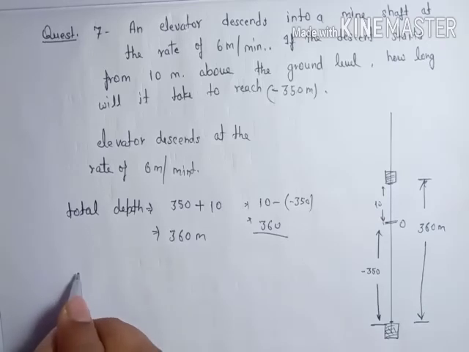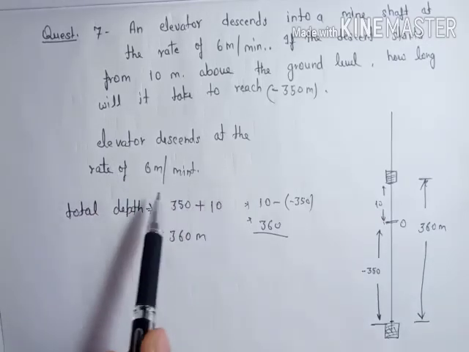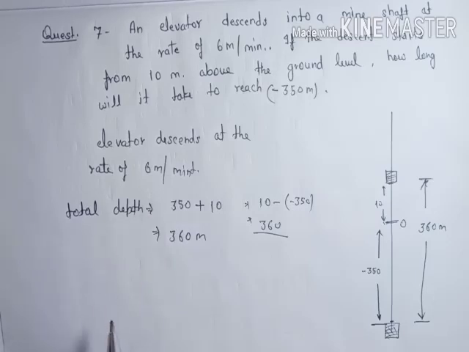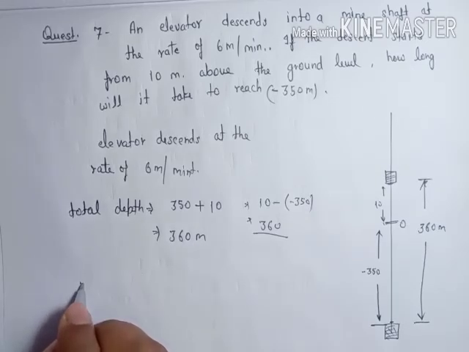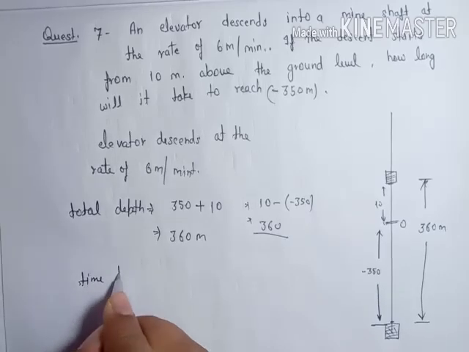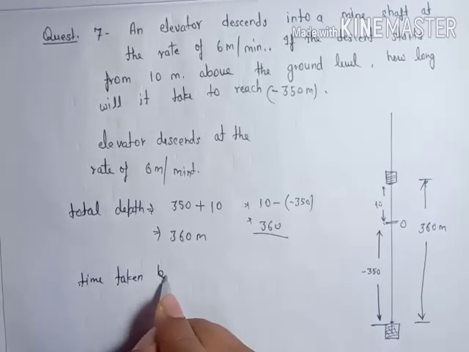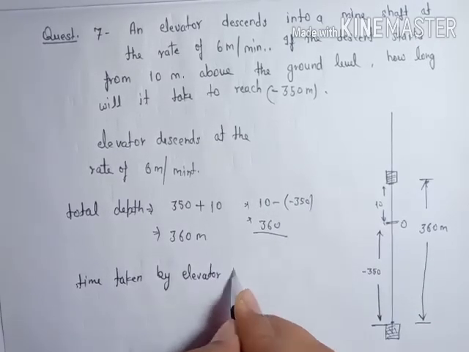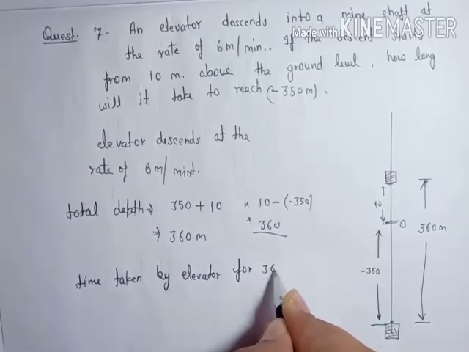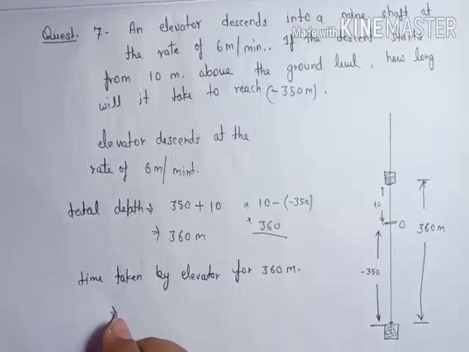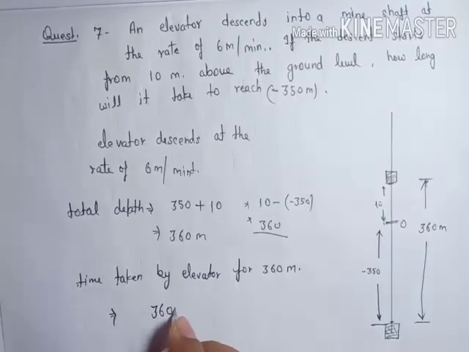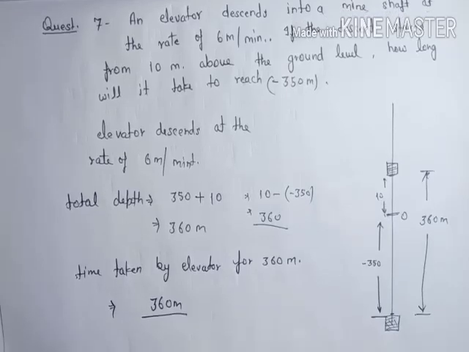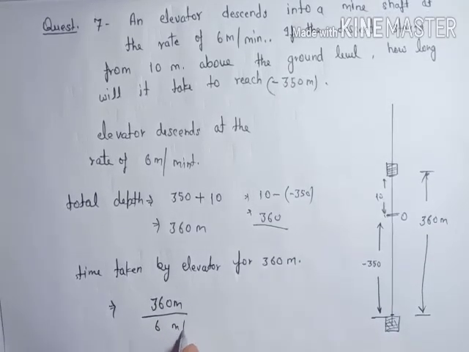So the elevator is descending at the rate of 6 meter per minute. It means what time it will take to cover this distance, 360 meter? Time taken by the elevator for 360 meter is equal to total distance, that is 360 meter, divided by the speed of the elevator, 6 meter per minute.